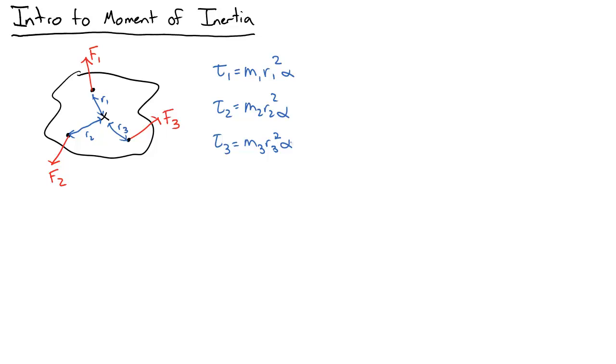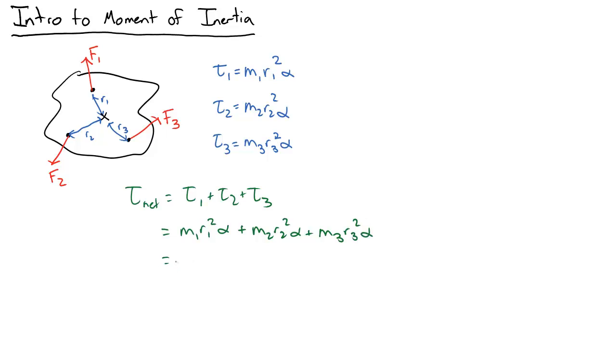So what happens now is if I wanted to find my net torque, if I just added these up, what I'm going to get is net torque is T1 plus T2 plus T3, which equals m1 r1 squared times alpha plus m2 r2 squared times alpha plus m3 r3 squared times alpha.